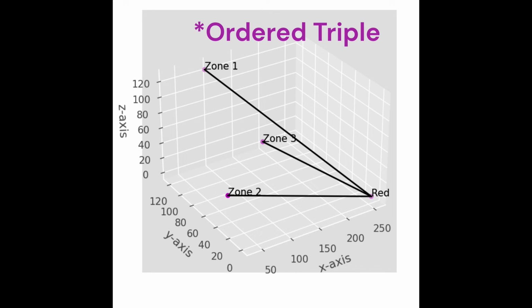Then we plot all three of those RGB values on a 3D coordinate system. Then we use the distance formula to get the distance of each one to (255, 0, 0), meaning 255 red, which is the max in RGB, 0 blue, and 0 green. That's just pure red.